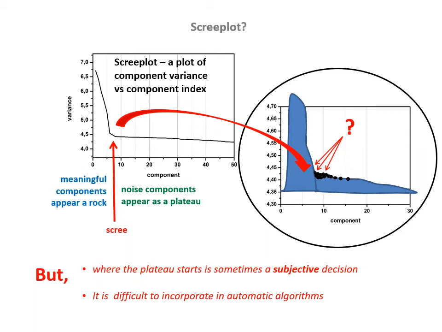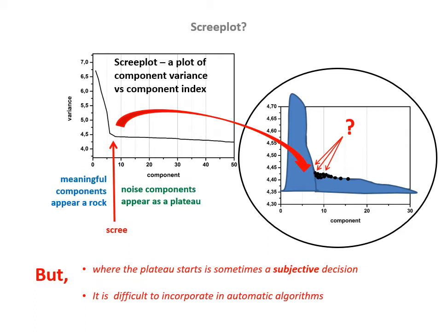It's just a plot of component variance against component index. We always start with pretty high component variance because meaningful variations are expected to be high. But then we approach a noise domain where variance is much lower. So in such a scree plot, we hopefully can visually separate the meaningful domain and the noise domain.